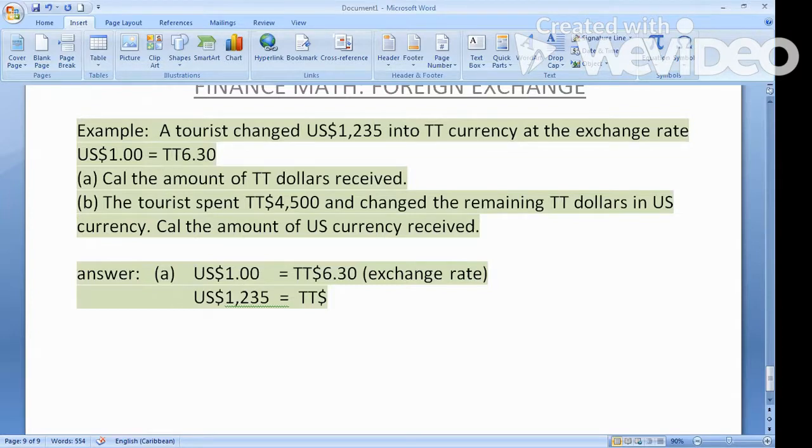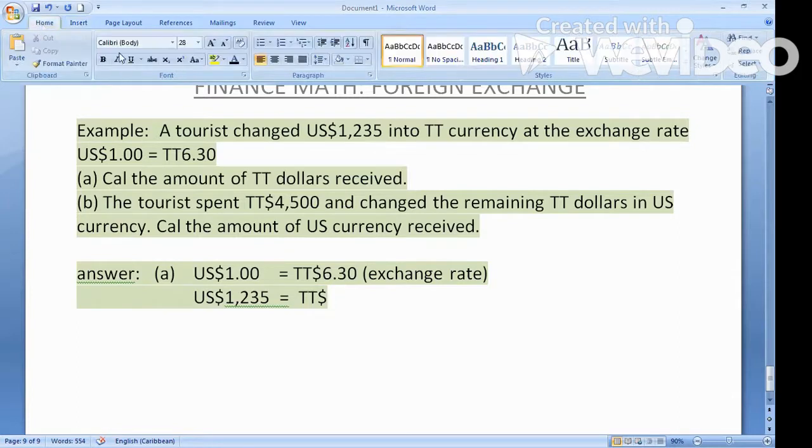Now, we don't know what's going to go over here, so we're going to call that X. X is what we want to find. Same thing as when we try to find Y. Now, how do we find X?